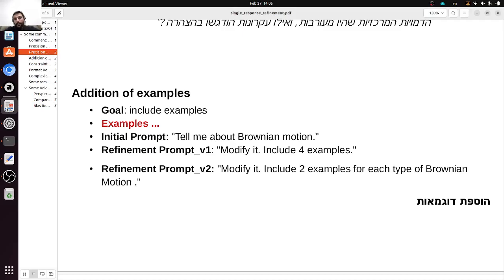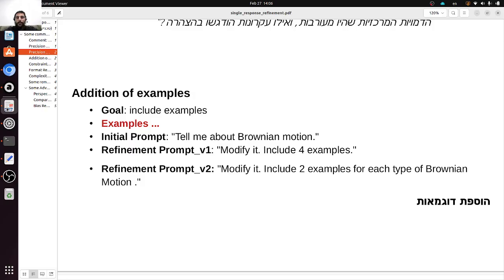As is well known, one example sheds more light than 100 definitions. So in the next type of refinement that we're going to learn about, the purpose is to enrich the LLM's response with some examples.